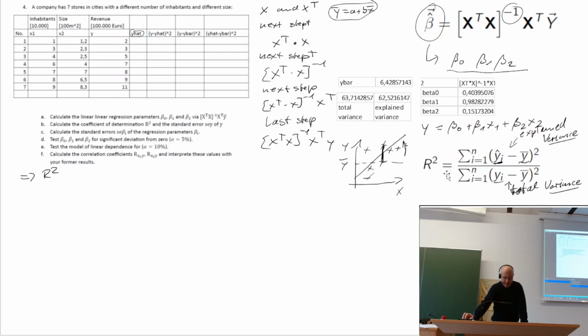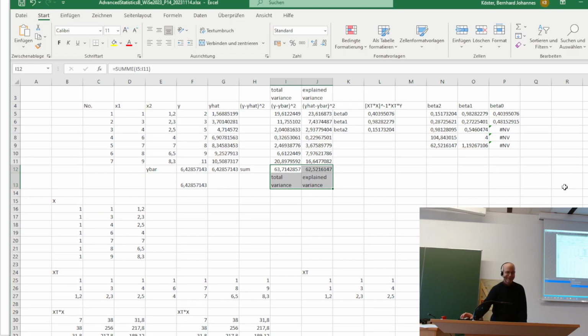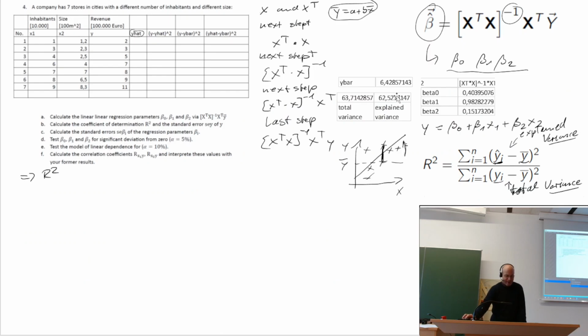Just look at this formula here. We have the explained variance over the total variance. Yes, but this I've already done, or? Yeah, definitely. So we have to divide 62 by this 63 point.